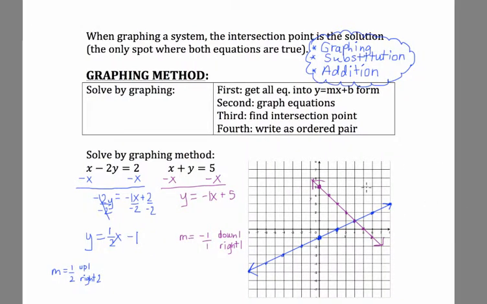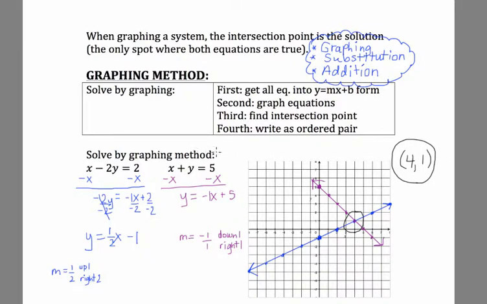My intersection point is what I'm looking for. The intersection point has an x-coordinate of 4 and a y-coordinate of 1. So that's the answer. Again, a solution to a system of equations is an ordered pair with an x and a y coordinate. Let's look at this a little bit more closely.